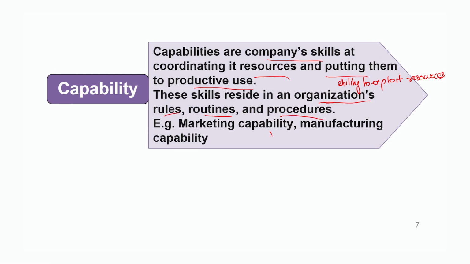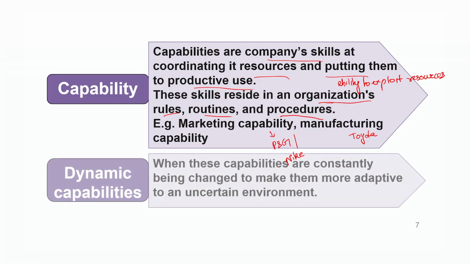Like marketing capabilities, P&G has very strong marketing capabilities. Nike is famous for its brand management or marketing capabilities. For manufacturing capability, we can say Toyota, which is famous for its lean manufacturing process. So company's ability to exploit the resource is known as capabilities.